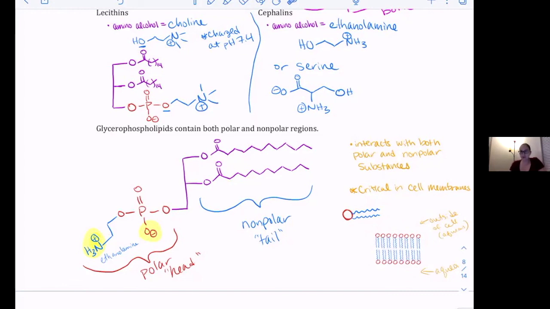The nonpolar tails will all like to be near one another, so they all will form the inner parts of the cell membranes. And then on the outside of the cell, which is aqueous, and on the inside of the cell, which is also aqueous, you'll have your polar heads. So the polar portions go towards the polar aqueous media, and the nonpolar sections blob next to each other and make this bilayer, is what it's called.